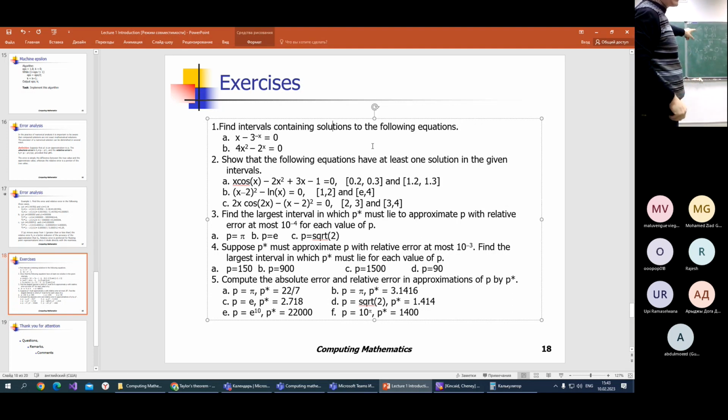And for this particular case, it's very simple to find such points. Just look at the function and substitute, for example, x equals 0. What happens when we take x equals 0? 0 minus 3 power 0. What is 3 power 0? 1.